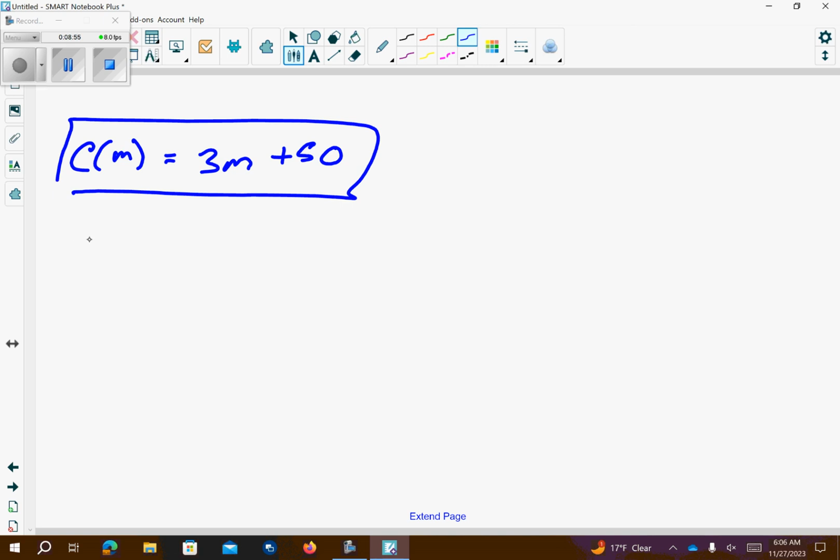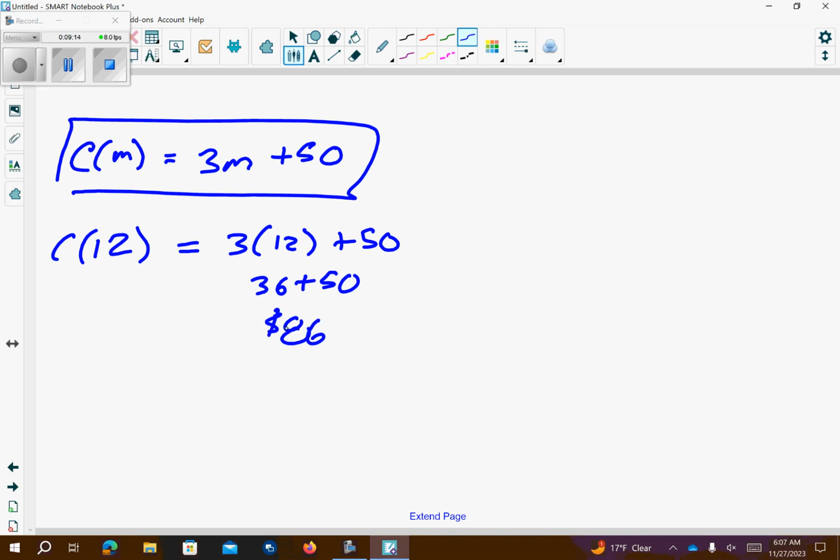Letter B, they want to know what happens if we had to go 12 miles. So they had C of 12. I'm going to C of 12, so we're plugging 12 in. 3 times 12 is 36 plus 50. So it's going to cost her $86 to have her car towed 12 miles.